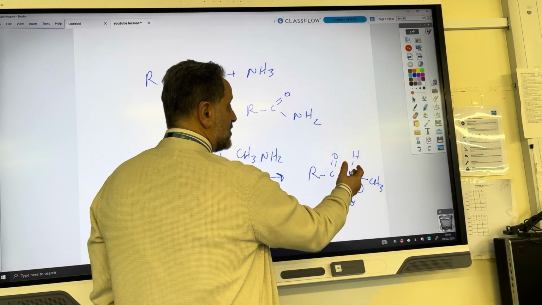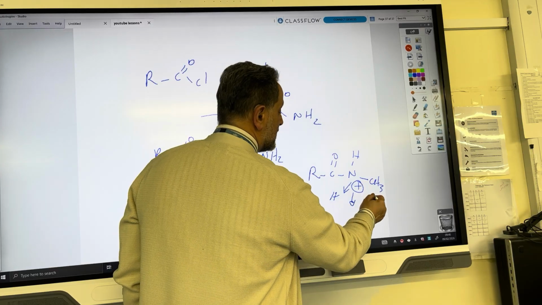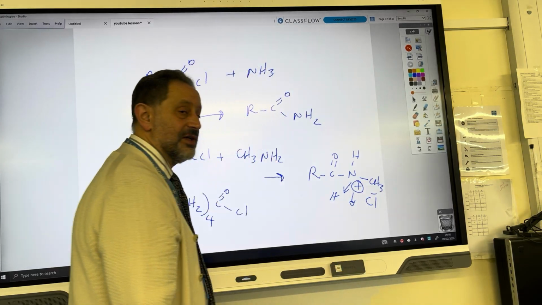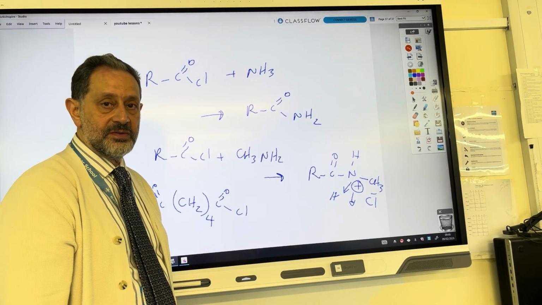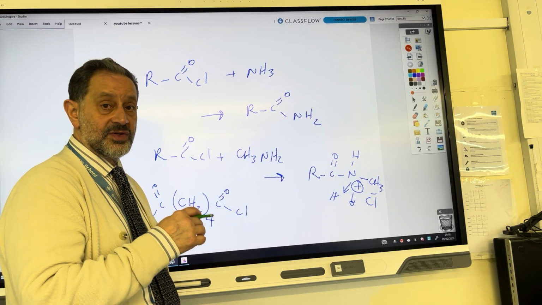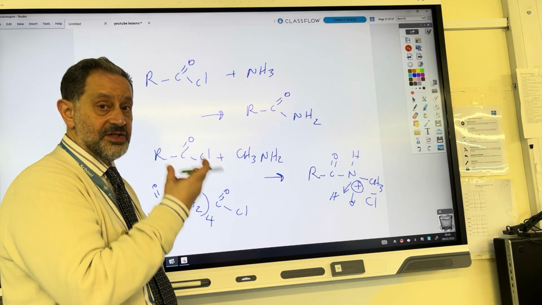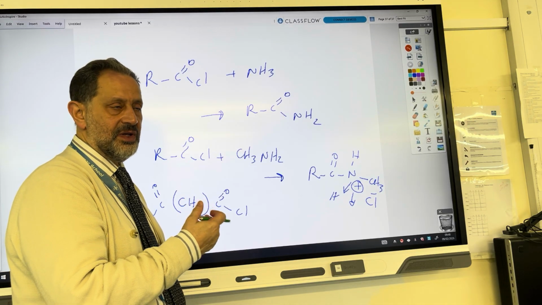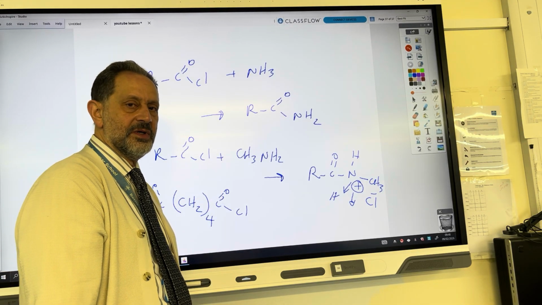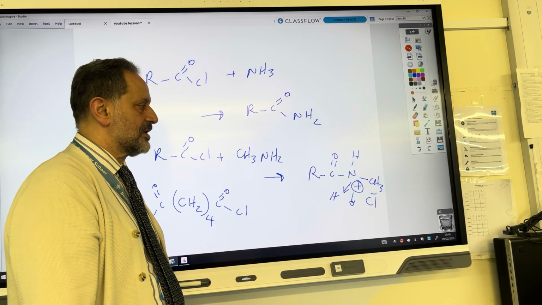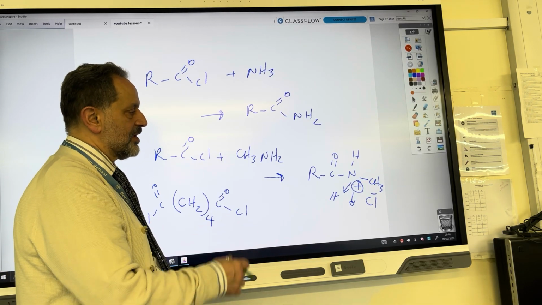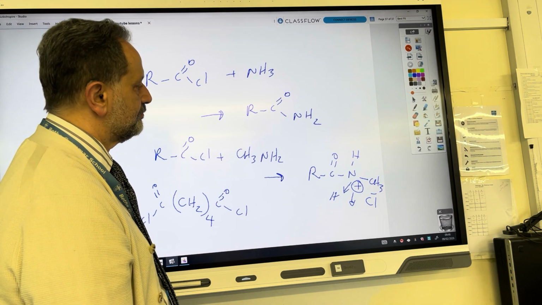And if you use hydrochloric acid, don't forget to put the Cl- next to it, because this will turn into a corresponding salt. If you don't want to have the salt, then you have to make sure that HCl is removed. Under alkaline conditions, you can remove HCl, so your amide will remain intact.